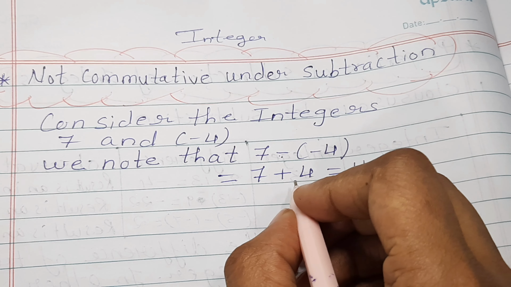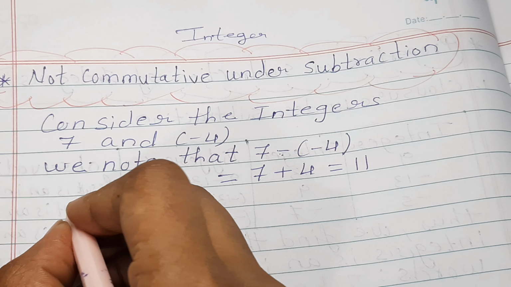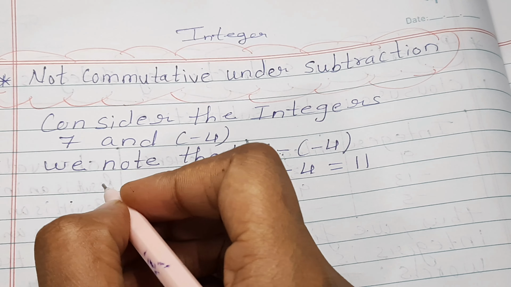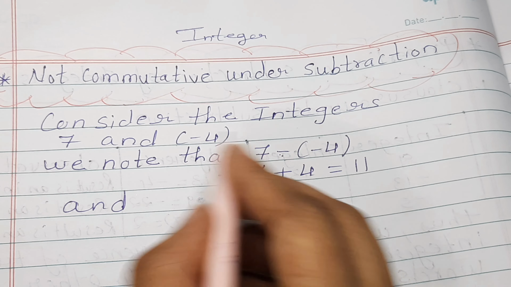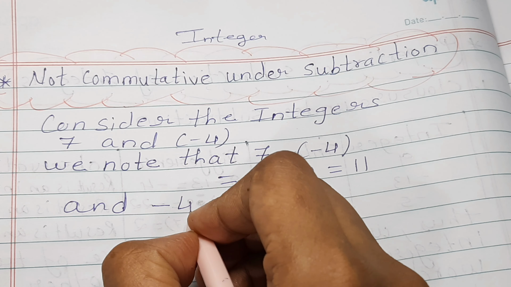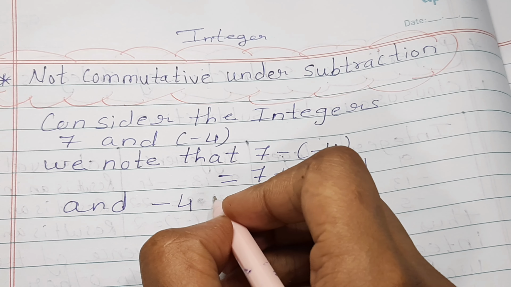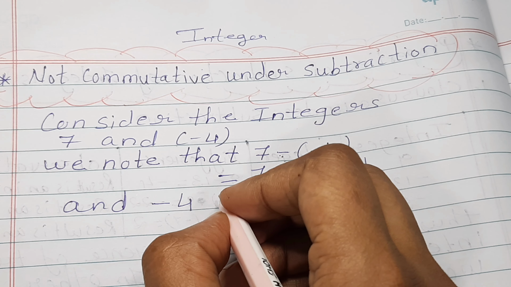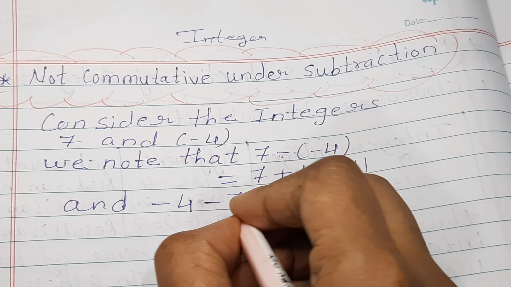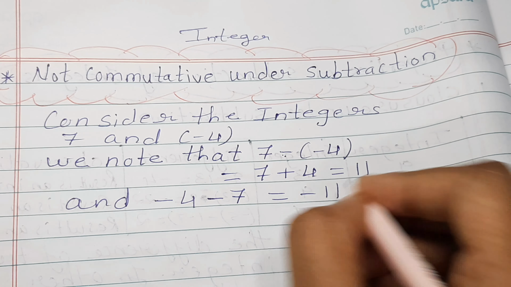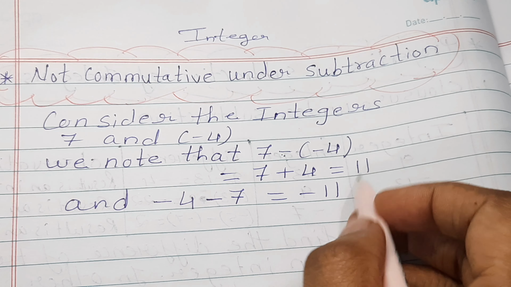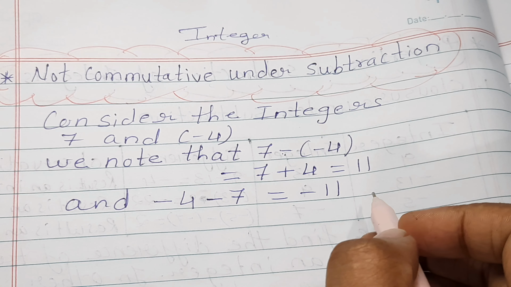Same thing if I do with this one, if I take this minus 4 first, and then write minus 7 here, I will get minus 11, but they are not the same. This is positive, this is negative I am getting here.